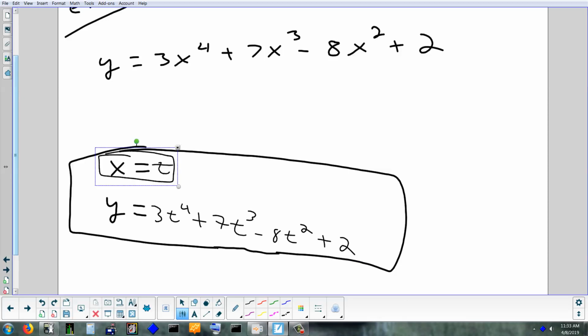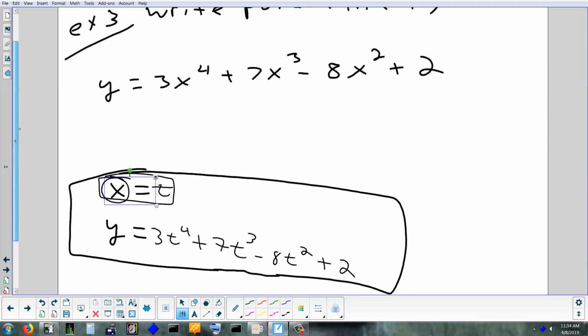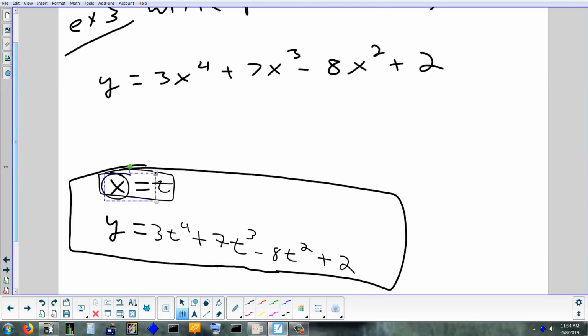Take the top equation and solve it for t. It already is. Take what's on the other side and plug that in for all the t's. If you do that, you get back the original problem. So it's a really cheap way to make something parametric, but it works. Any question on that?